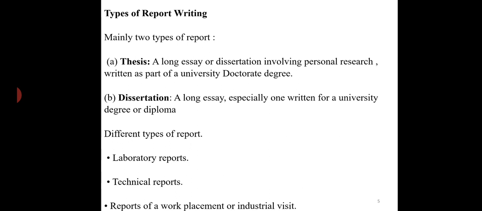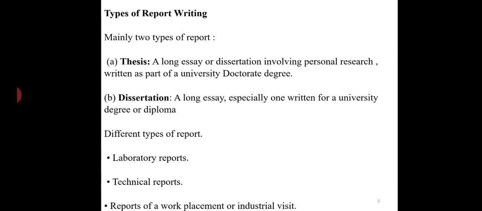So during this education-related research, the report may be further divided into different types, that is laboratory report, technical report, field research report and industrial visit report, likewise.